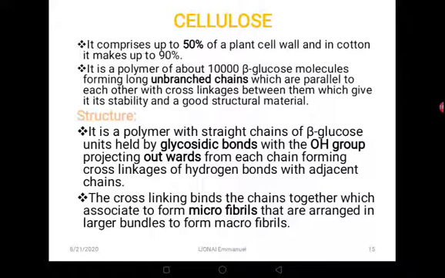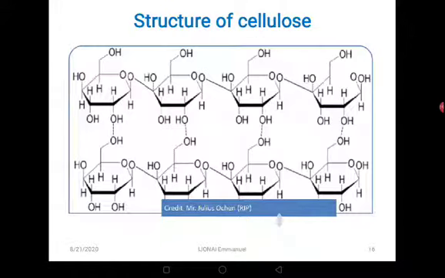We said it's a polymer with straight chains of beta glucose units held by glycosidic bonds, with the OH groups, the hydroxide groups, projecting outwards from each chain, forming cross linkages of hydrogen bonds with adjacent chains. The cross-linking binds the chains together, which associate to form microfibrils that are arranged in larger bundles to form macrofibrils, as we shall see shortly here.